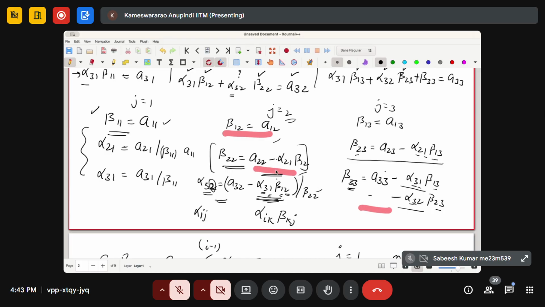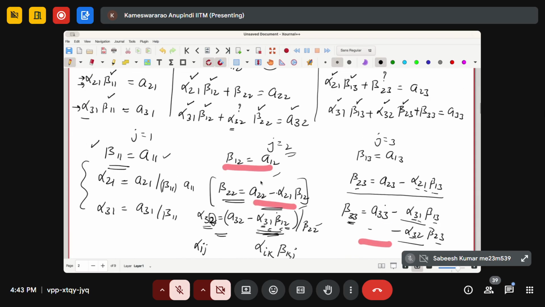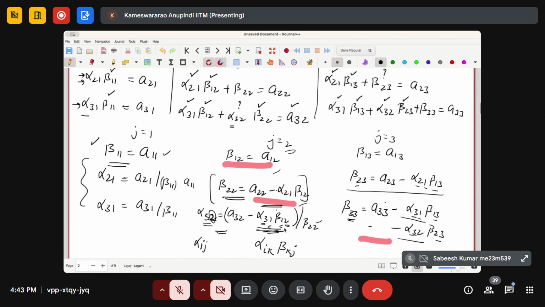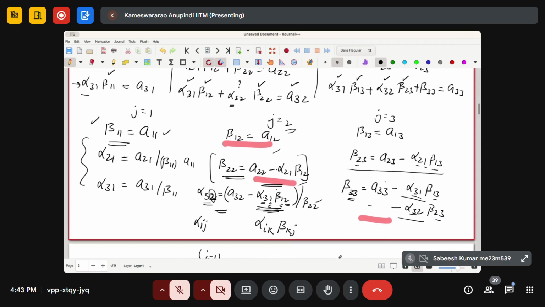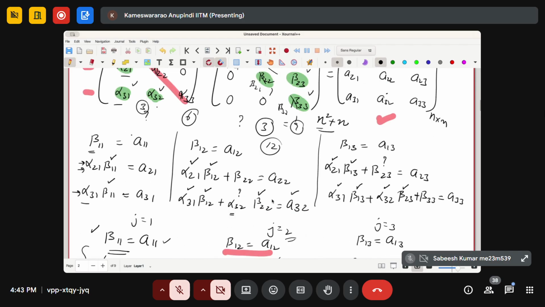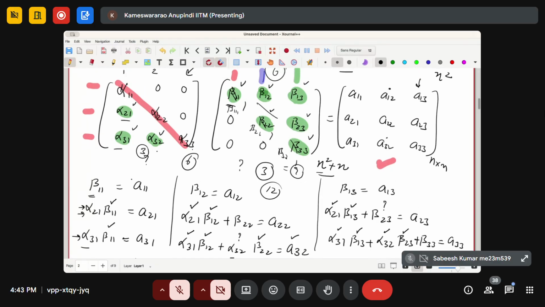Now, one way to look at this is, I have said that this index is going from 1 to i minus 1 or j minus 1. So if you look at the 2, we know that it is going from 1 to j minus 1, right? Because 2 is the j value. The other way to think about it is alpha 32. Alpha 32 is occurring here, right?